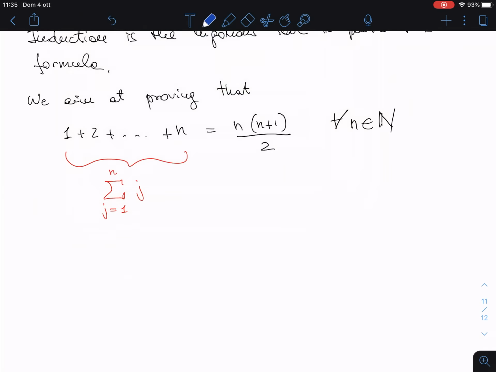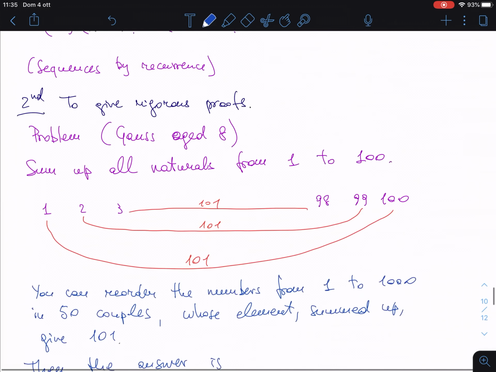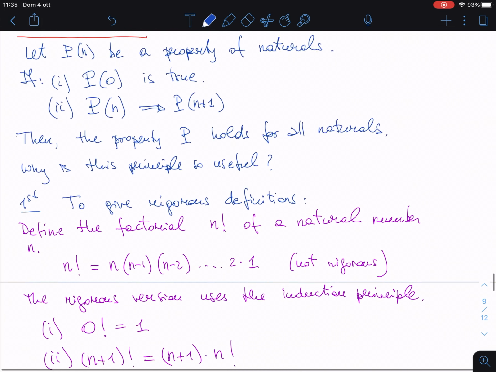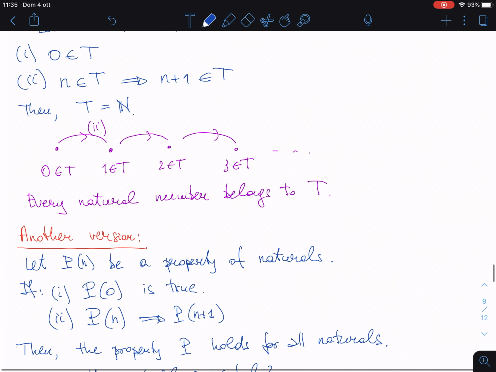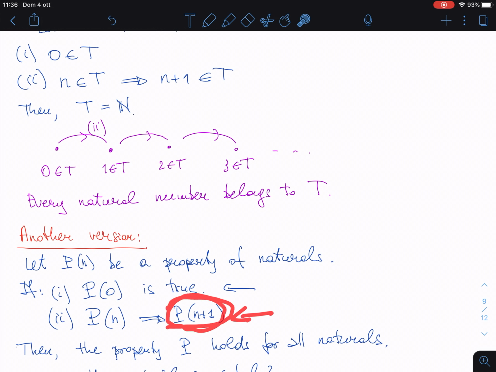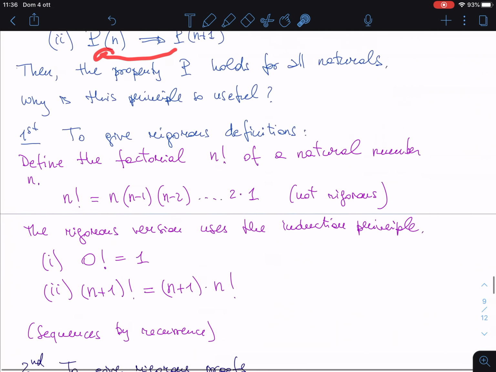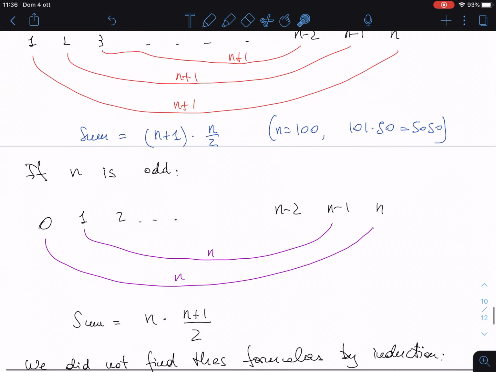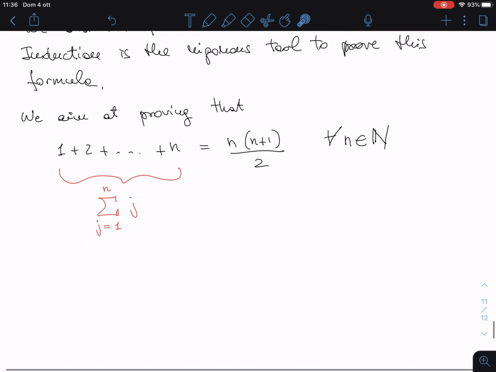We use two steps, reflecting the fact that this must be true for n equal to 0, and this must be true for n plus 1, provided that it is true for n. Let us do it.